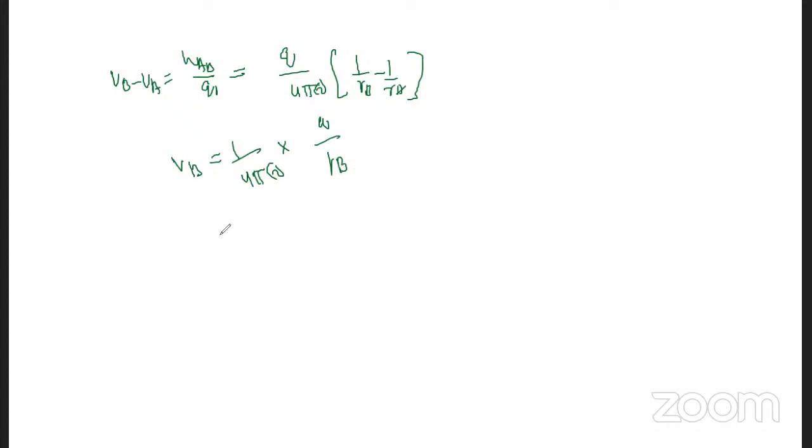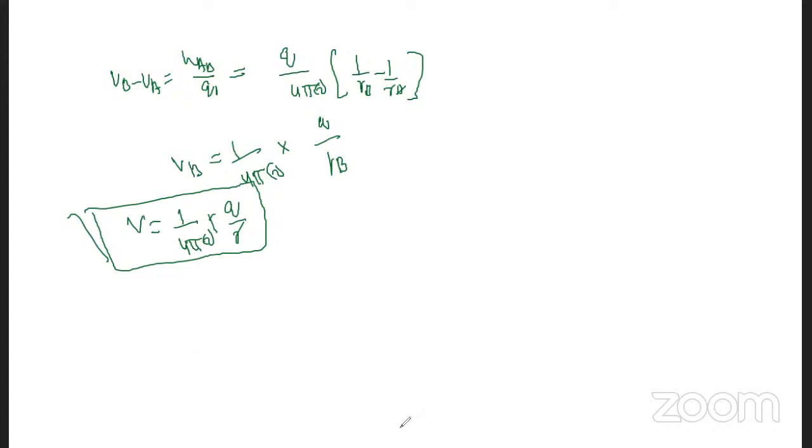So like this, the generalized formula is V is equal to 1 by 4 pi epsilon naught into Q by r. So this is the potential due to a point charge. So this is the potential difference and the potential due to a point charge which we have seen today.